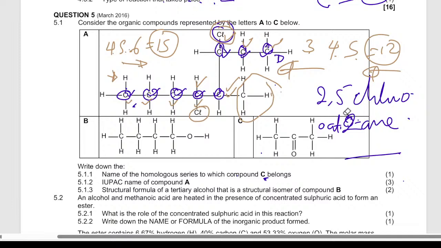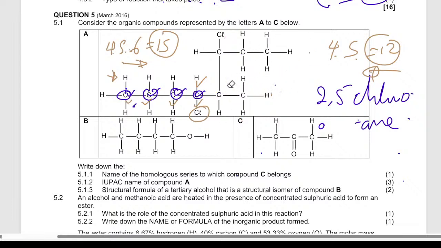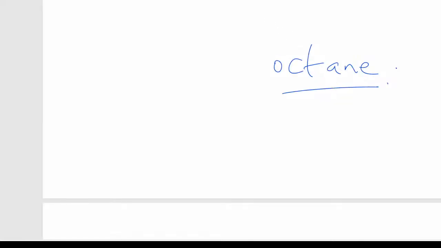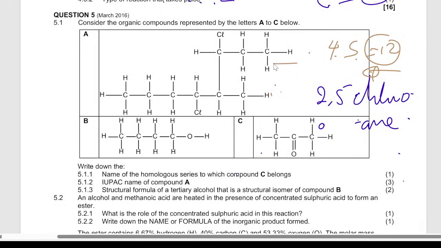So now once I get the direction, now I start to count properly, isn't it? Because I've found out the direction. So we say that the first one is octane. Since I'm using this direction, it's 1, 2, 3, so it's going to be 3 chloro.